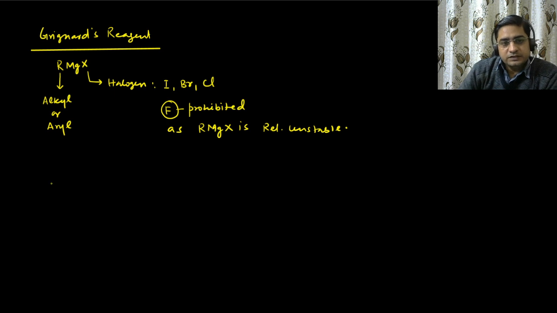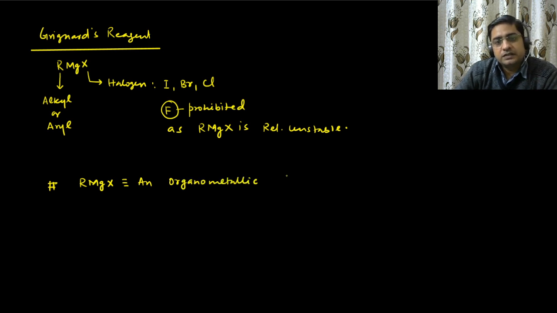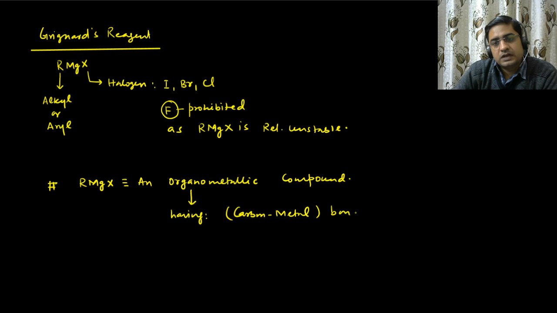Now, this one is an organometallic compound. Grignard reagent is termed as an organometallic compound. Organometallic means compounds having a carbon-metal bond. As we know that the electronegativity of carbon is higher than that of metal.